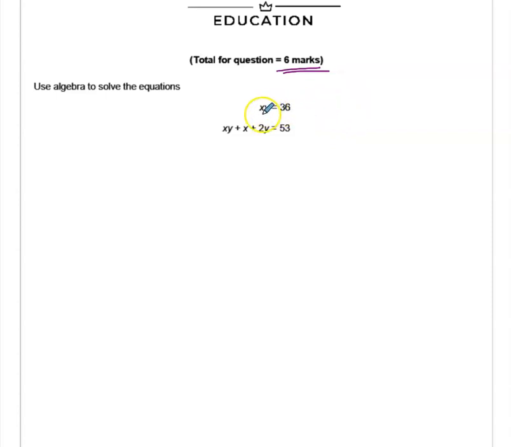Okay, so the first thing we'd like to do is to name our equations, so we'll call them equation 1 and equation 2. Now take a moment and absorb what is happening in both equations. We can see there's an xy here and there's an xy there as well.